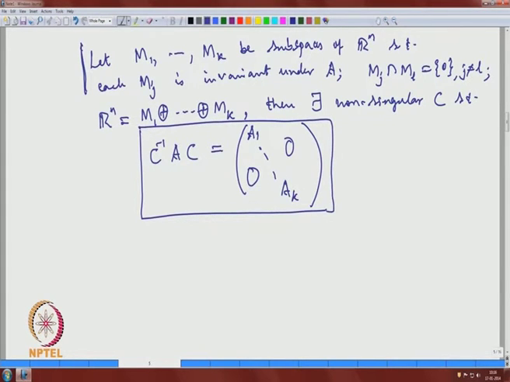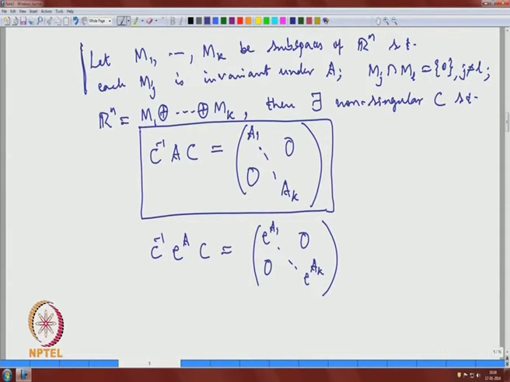In this case, immediately we see that C inverse e to the A C is e to the A1 up to e to the Ak. This we saw yesterday. Once the matrix is block diagonal, its exponential is very easily computed.